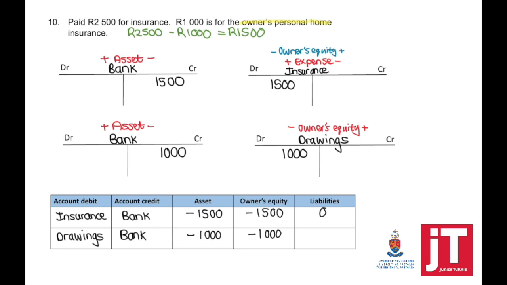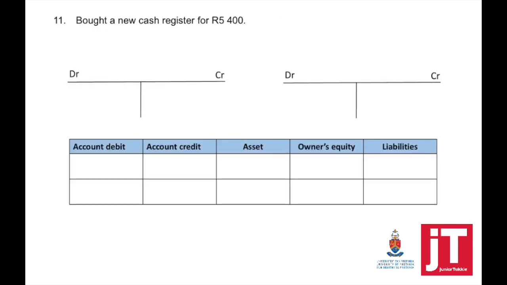Remember, it's better to show them separately than showing them together on the accounting equation. Anything happen with my liabilities? Nothing.